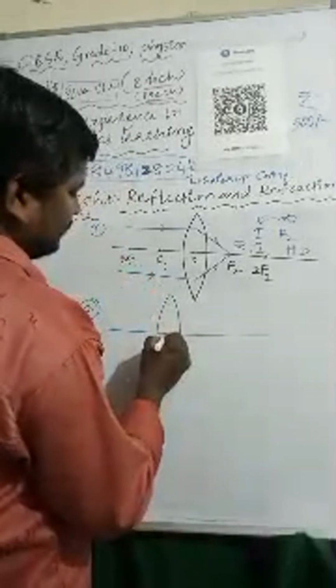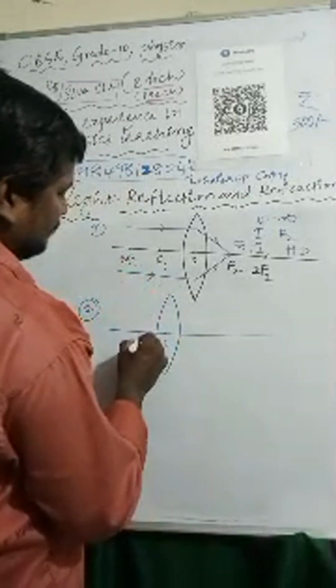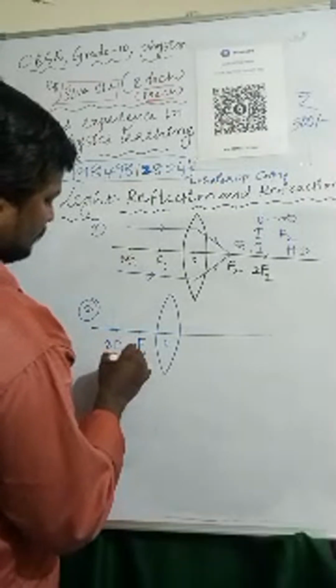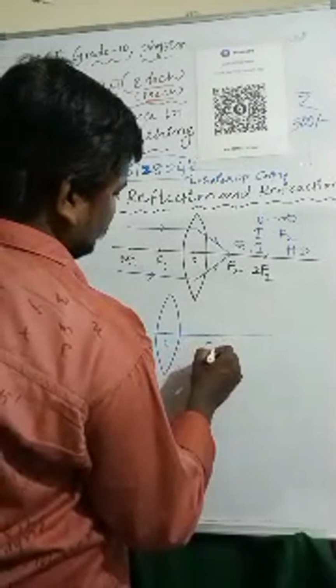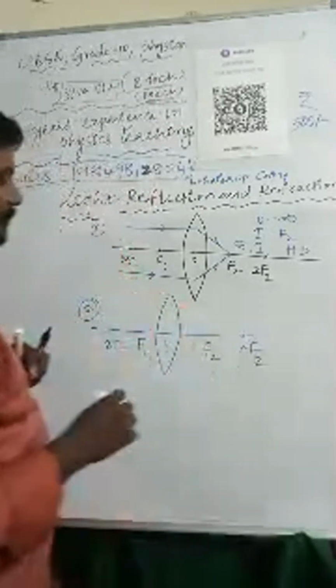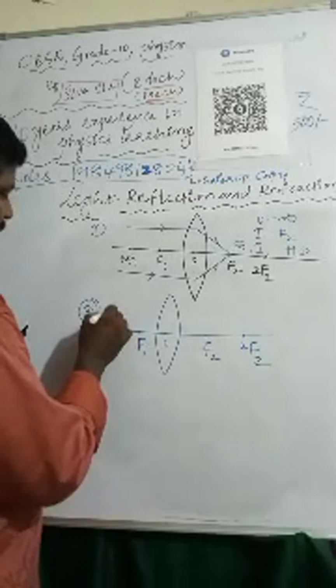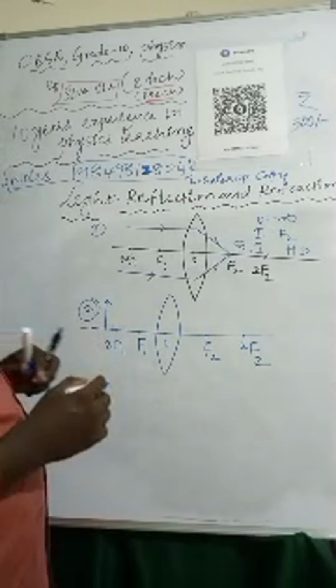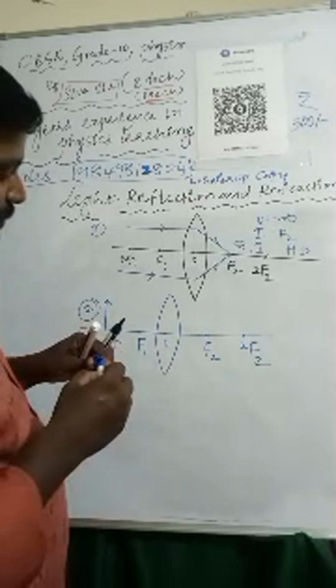Optic center, F1 to F1, F2 to F2. The object is placed beyond F1.